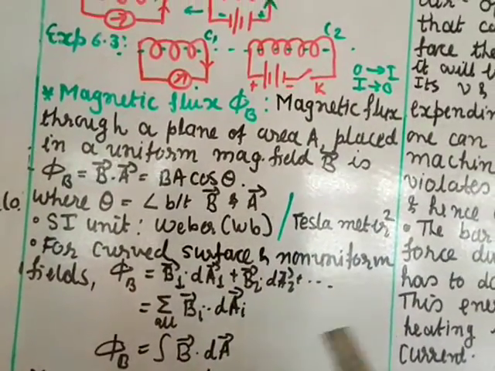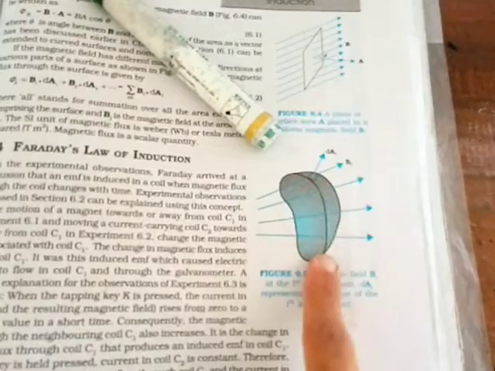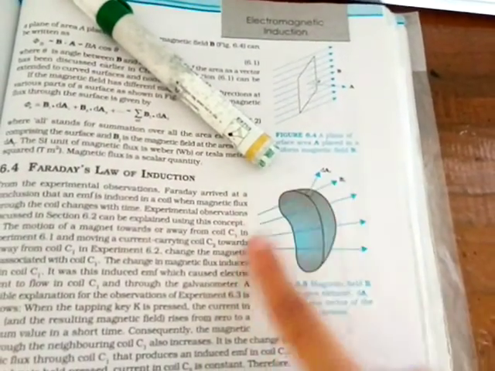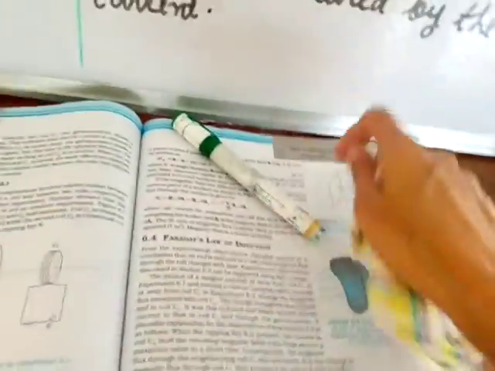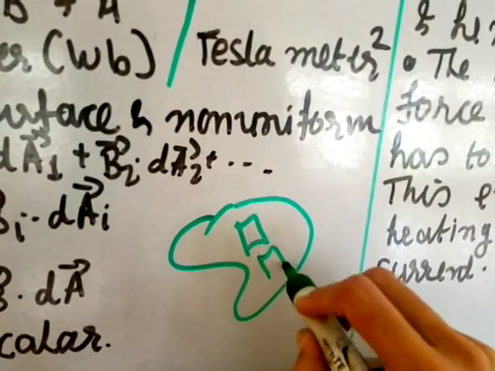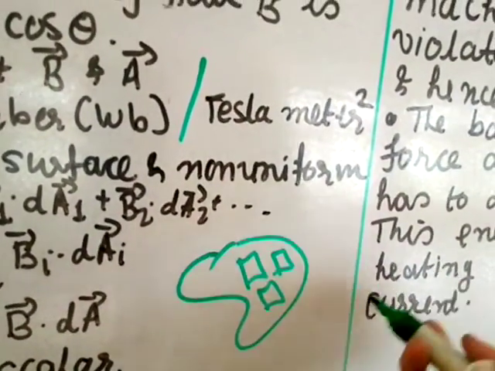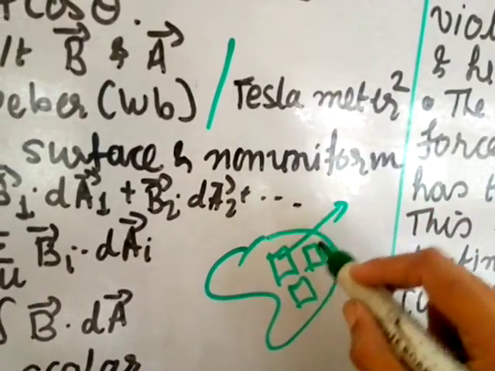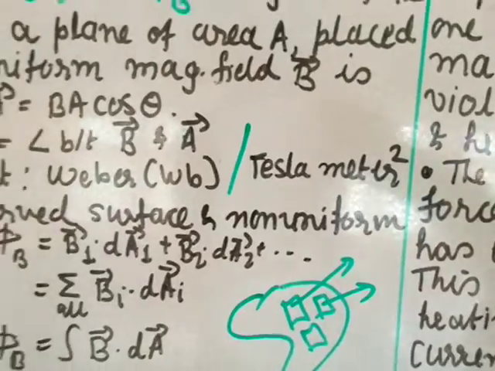Now suppose I have a curved surface and a non-uniform magnetic field. In this figure you can see the surface is curved and the magnetic field is not uniform, with different directions. So what you have to do is divide the surface into small parts, small areas called dA1, dA2 up to dAn, and calculate the flux through each part, and then total it to get the total flux.